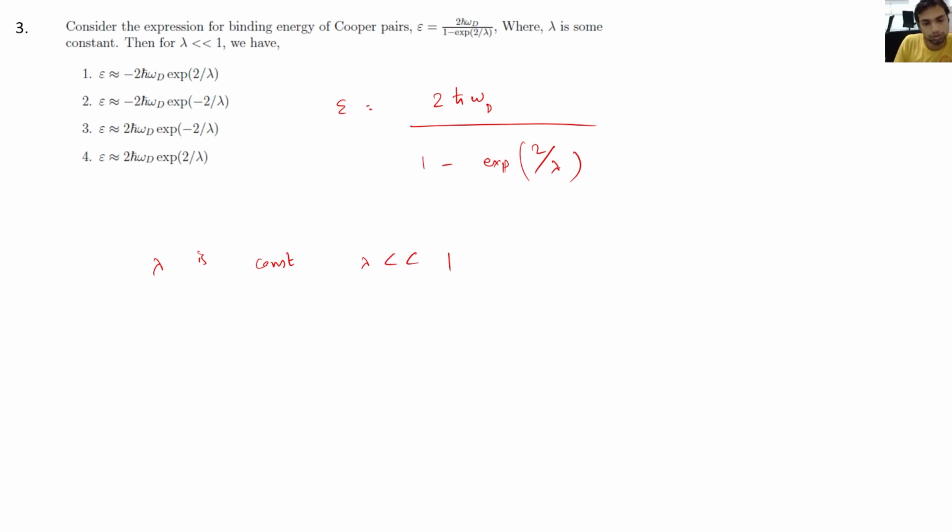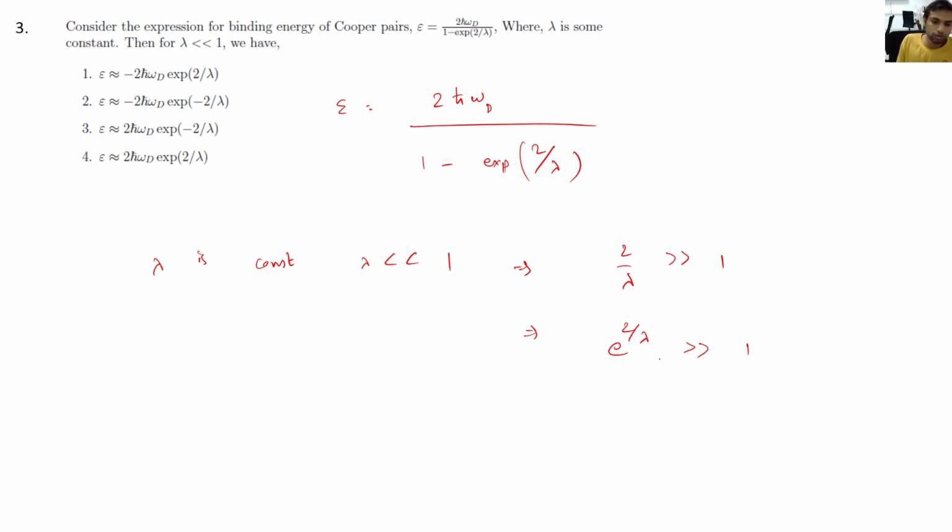So if lambda is less than 1, that implies that 2 by lambda is a really very big number. So this implies that e to the power 2 by lambda is really very big compared to 1. This will be a much larger number.